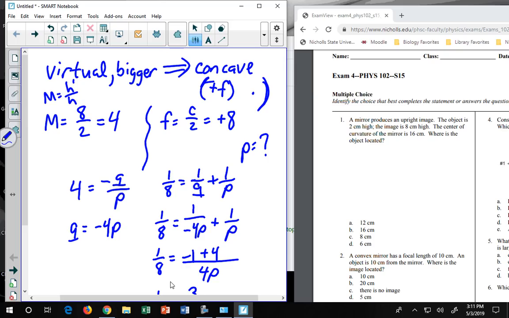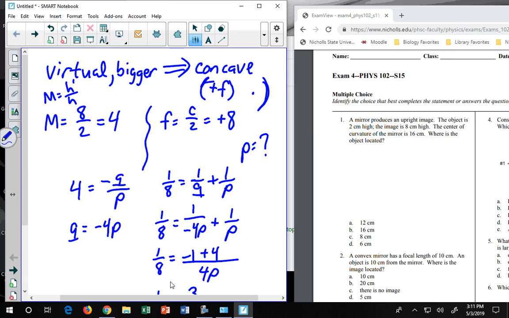And then I would ask you for the magnification, and also for the object or the image distance. Okay? I know that's a little scary for some of you, solving the fractions, doing the substitution, but those are all good skills that you need to have before you leave this course. They'll be useful to you in the future when you're doing various other things.